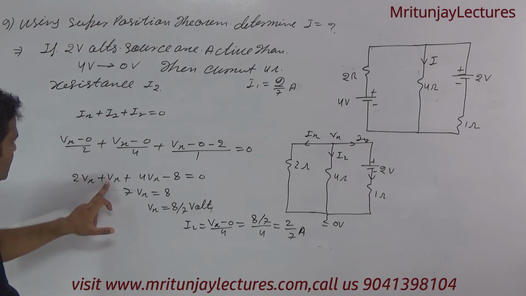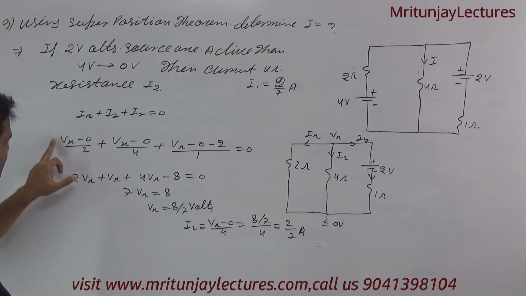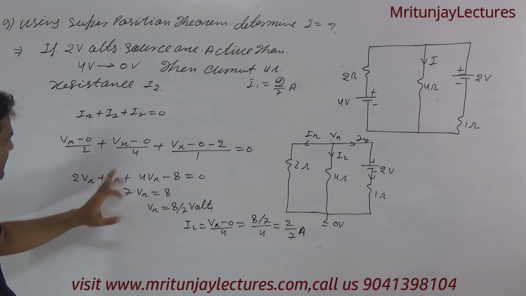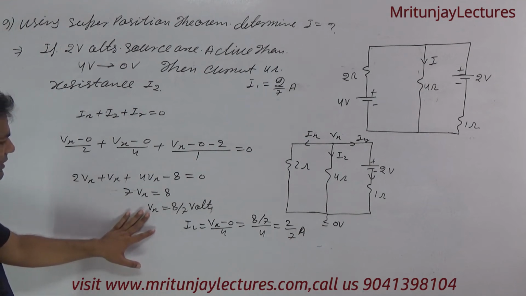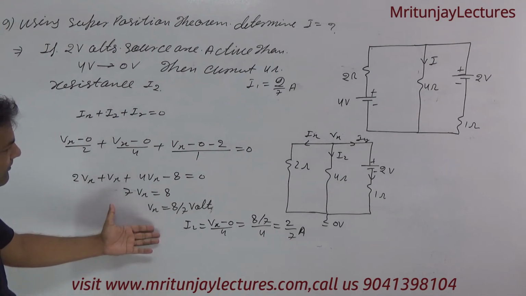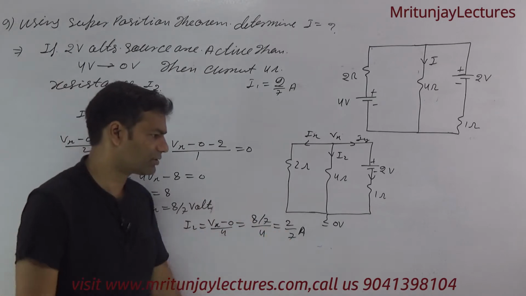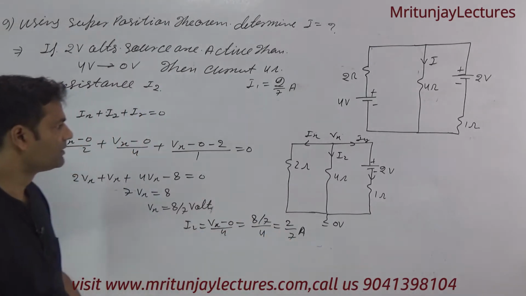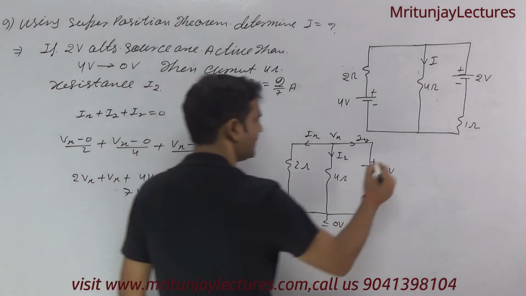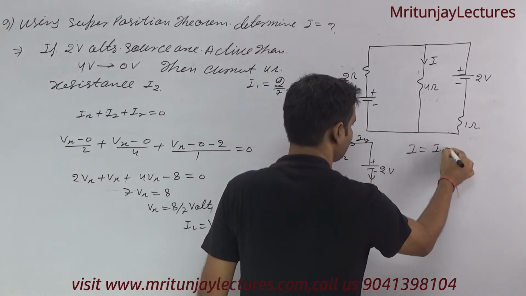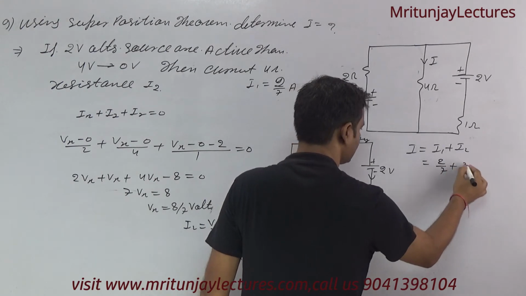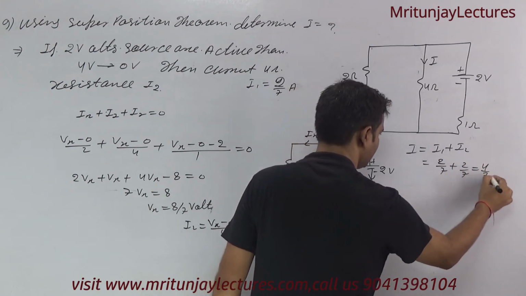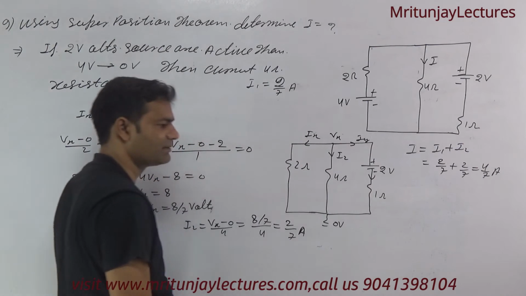So 2 plus 1, 3 and 4, 7 Vx is equal to 8. So Vx is equal to 8 by 7. Is it clear or not? And I2 is the same again, I2 is also 2 by 7. So what about current? I1 plus I2, that is 2 by 7 plus 2 by 7, finally 4 by 7 ampere. That is the final answer.